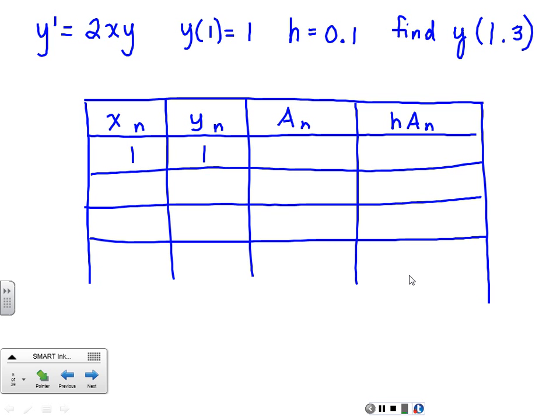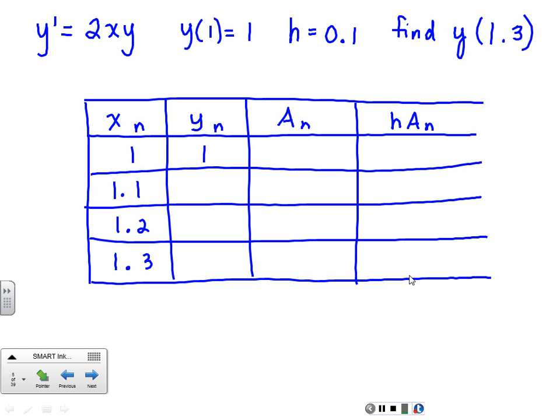Now my step size is 0.1, so we're going to do 1.1, 1.2, and then lastly 1.3, which is what we're trying to find. So we'll stop with this blank right here.